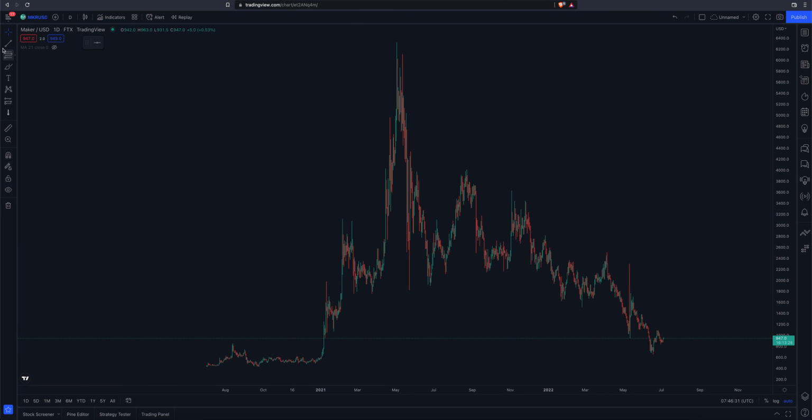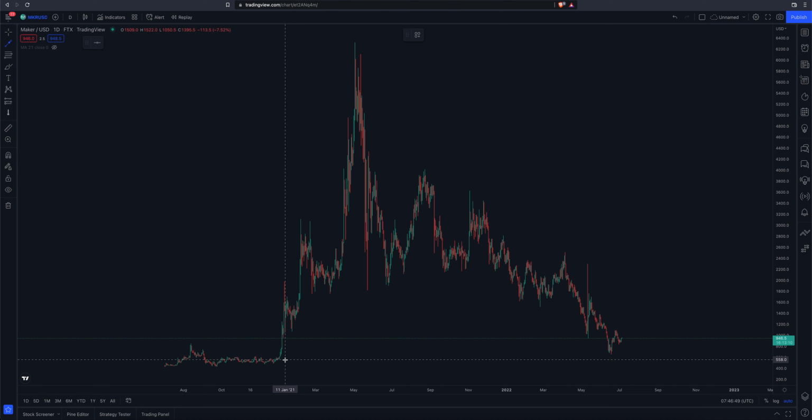So looks like we had an incredible run in 21 and pretty good reversal into 22. So let me get an arrow on my screen here. In 21 we were down in the 500s, had a big breakout past this high over here.